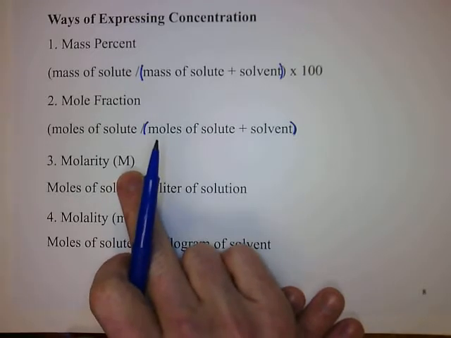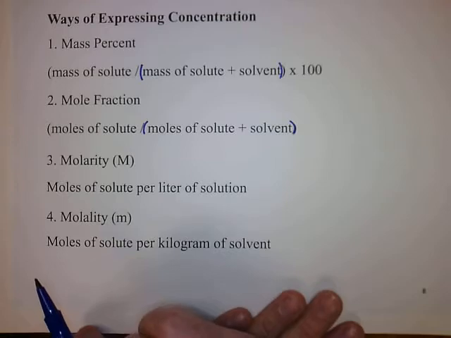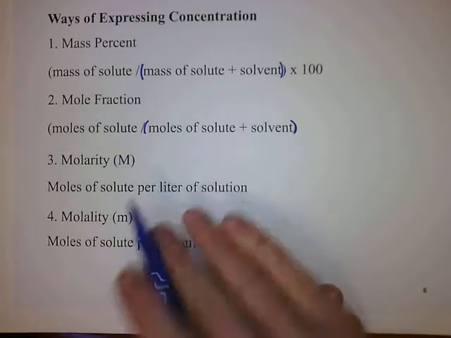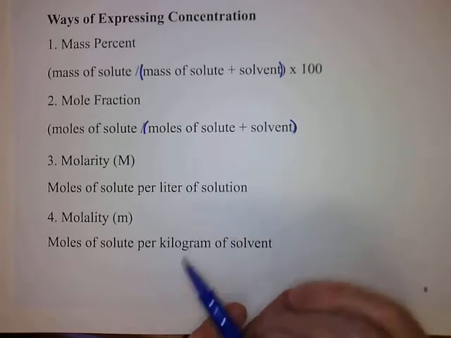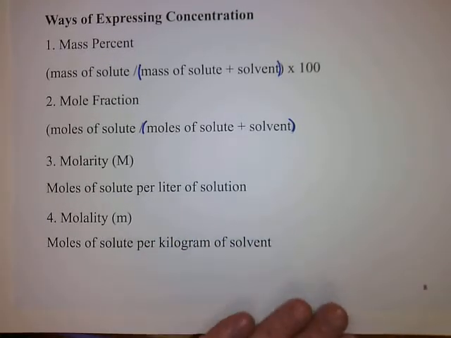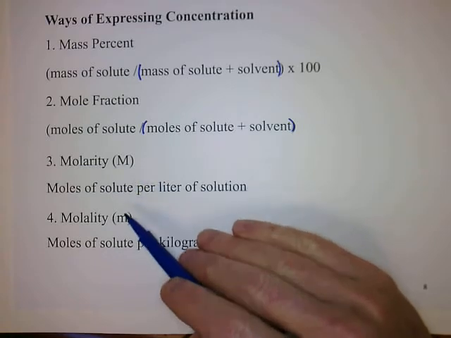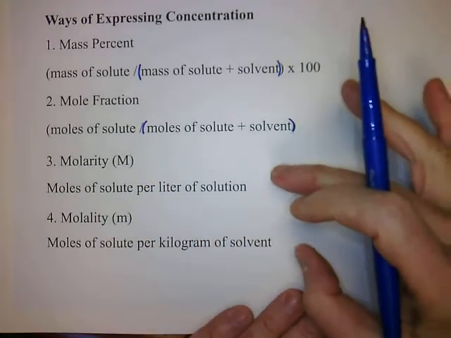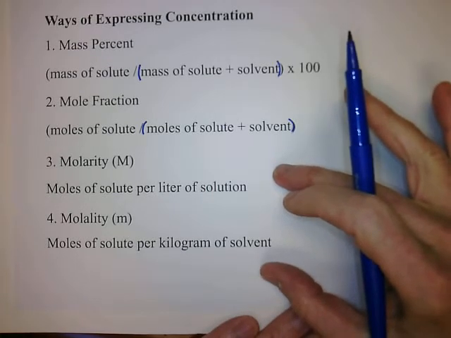So molarity is moles of solute per liter of solution. And molality is moles of solute per kilogram of solvent. Molarity is uppercase M, molality is lowercase m. A subtle but very important distinction between these two.